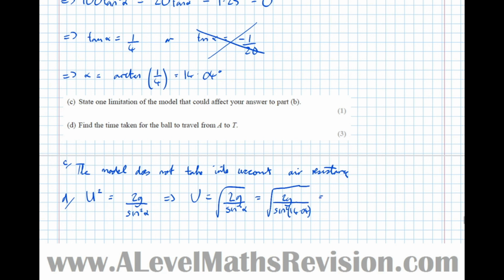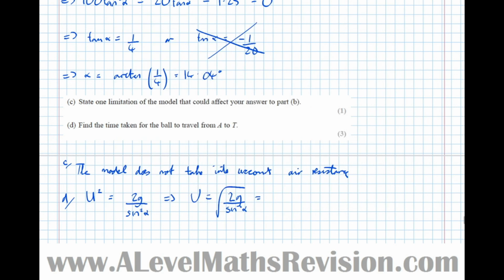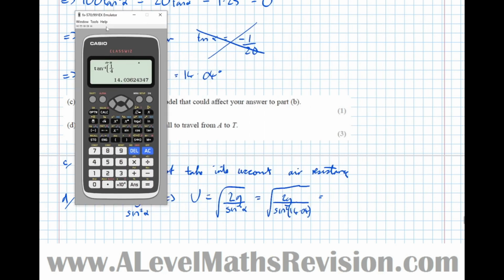What we're going to do, we're going to use the more precise value that we got from the calculator. So we've got the long angle in the formula in the calculator from the last time.